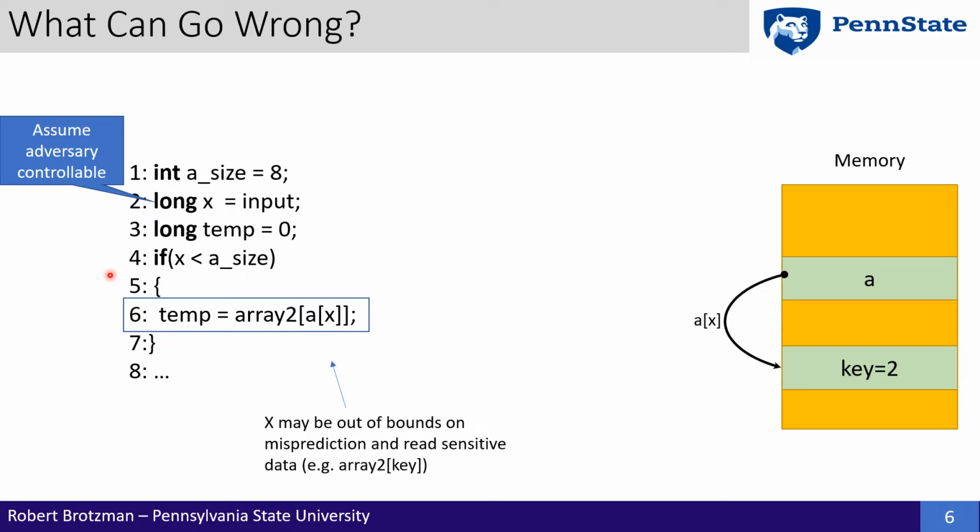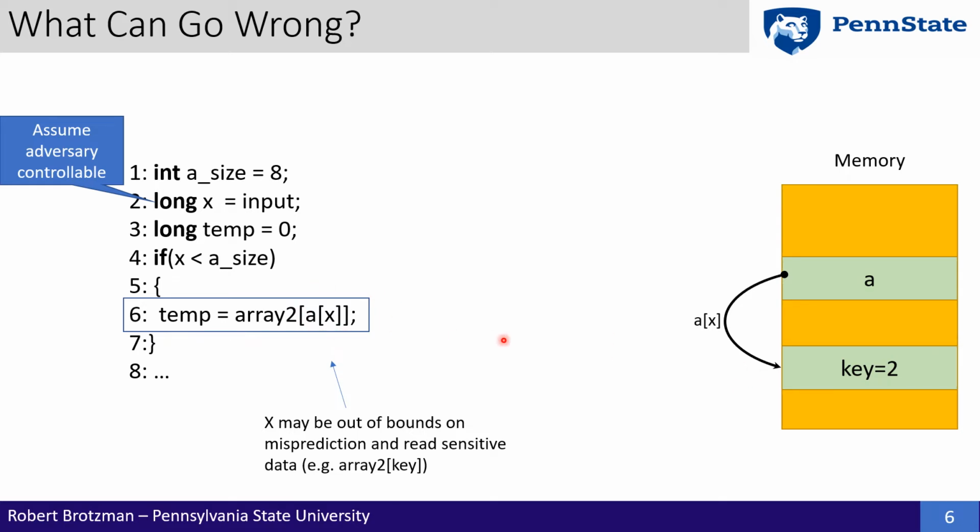And now an important thing to notice here is that this is regardless of whether this condition is true or false. So if we guess that we are supposed to execute line 6, and it is the case that x is actually greater than a sub, the size of a, we could inadvertently access out of bounds memory here, a sub x.